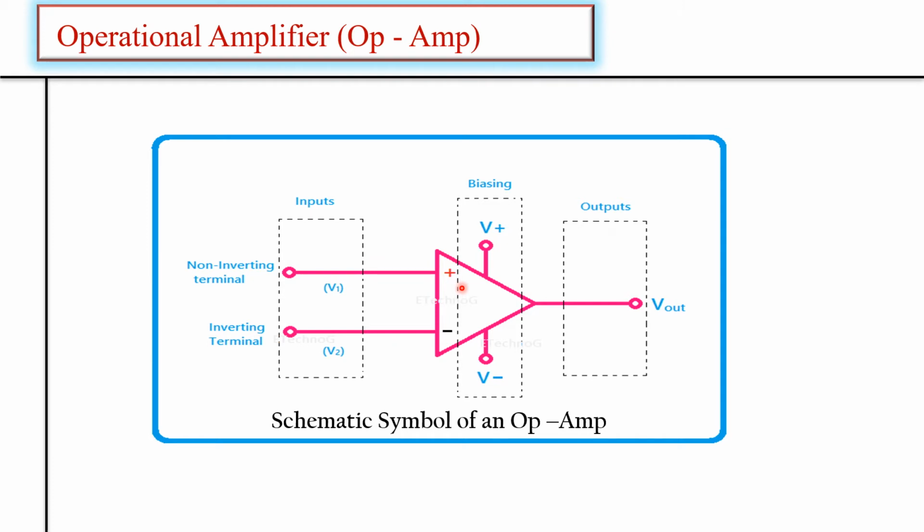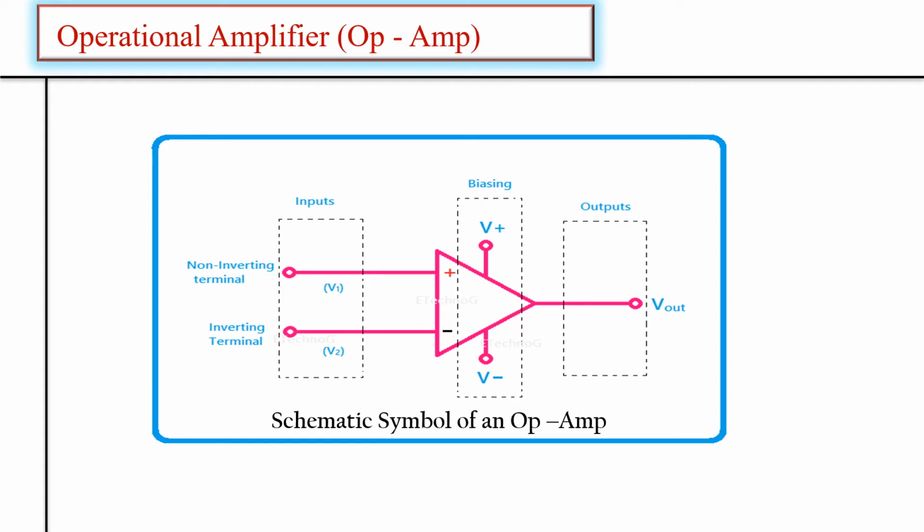The input terminal marked by the negative sign is known as the inverting terminal, and it will be cleared shortly why it is known as inverting and non-inverting terminal. Here the positive supply and a negative supply are applied to the op-amp. That is nothing but the biasing supply, and the output is V out. So this is the symbol of an op-amp.